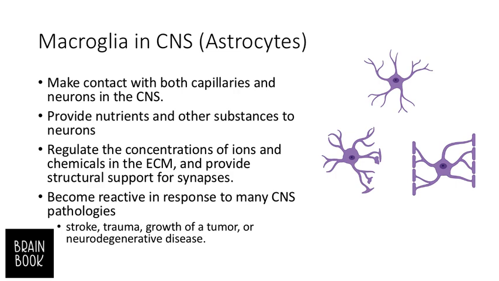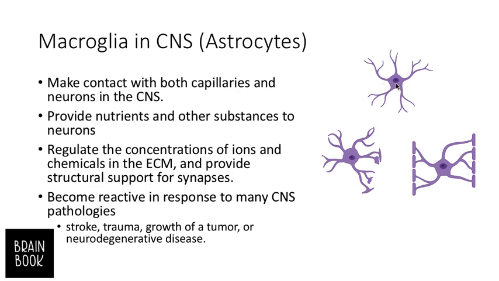Another type of neural glia cells are astrocytes. As is apparent from their name, they are like stars. Astrocytes is a Latin name that means star cells.